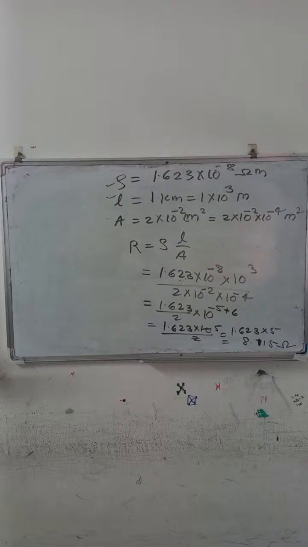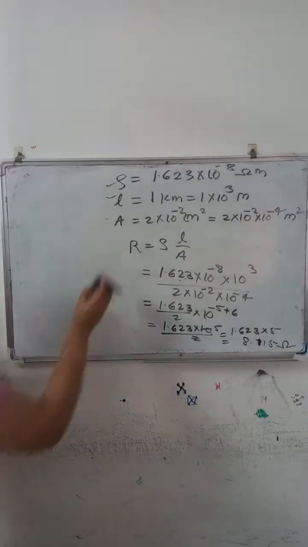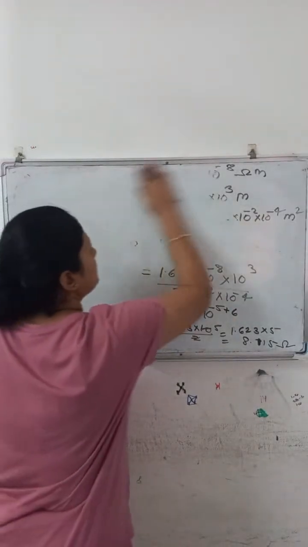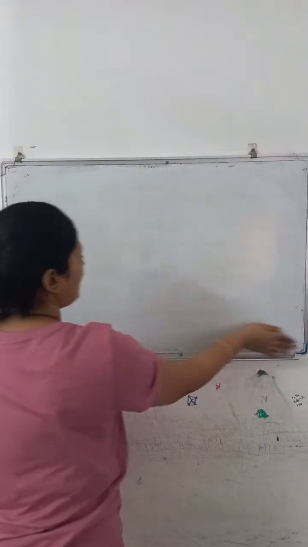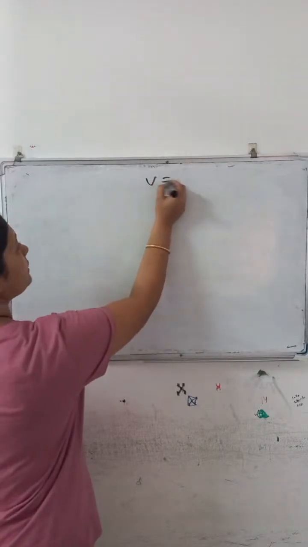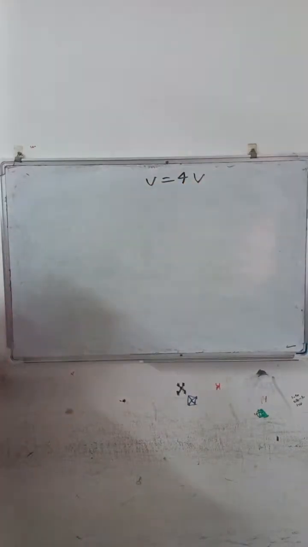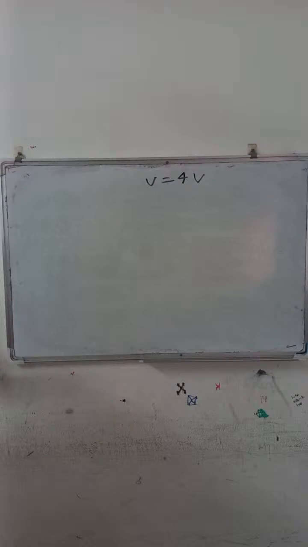Okay, so very simple problem, so that you can apply the basic formula and find out. So check here what are the given quantities. They are asking us to find out the value of resistor, that is capital R. So here values are given. Battery voltage is given, V is equal to 4 volt. At least from the given unit you can identify what is given.